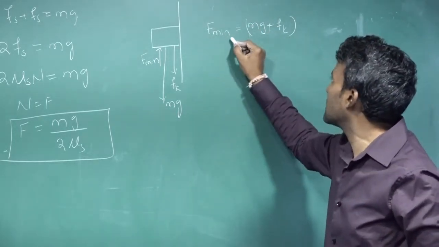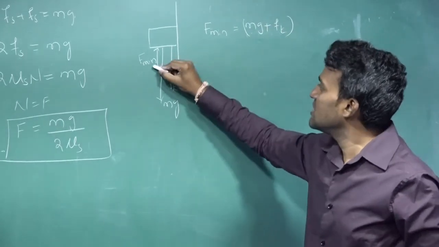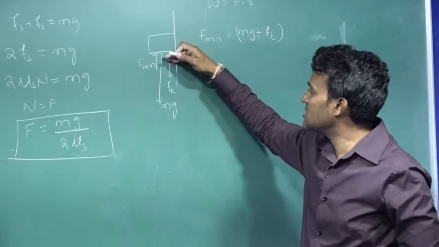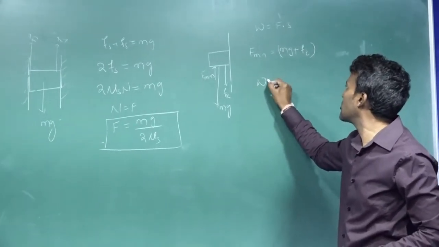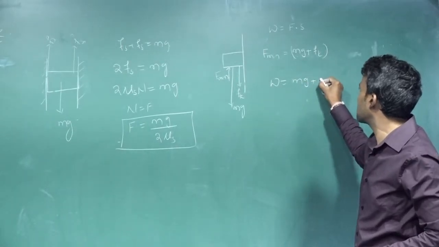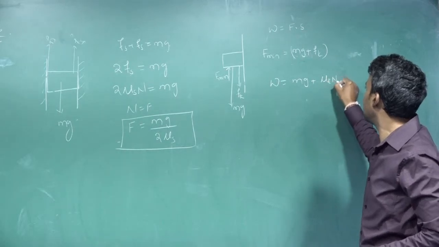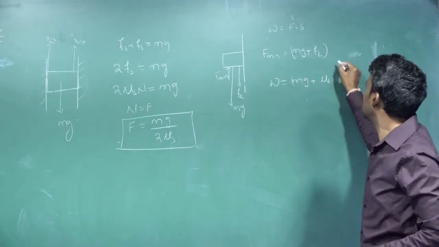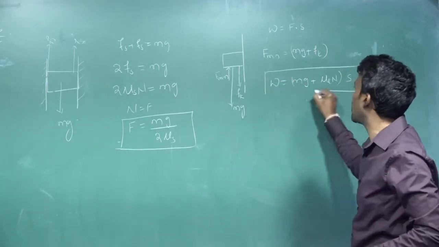F is nothing but mg plus Fk, because F minimum is acting upward and these two are acting downward. So W is equal to mg plus Fk, into s. What is Fk? Fk is equal to mu k into N. This is the work done to move the object.